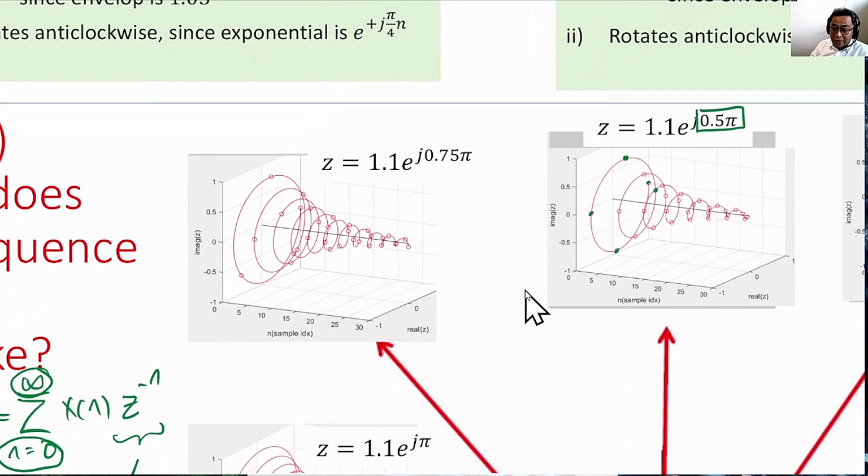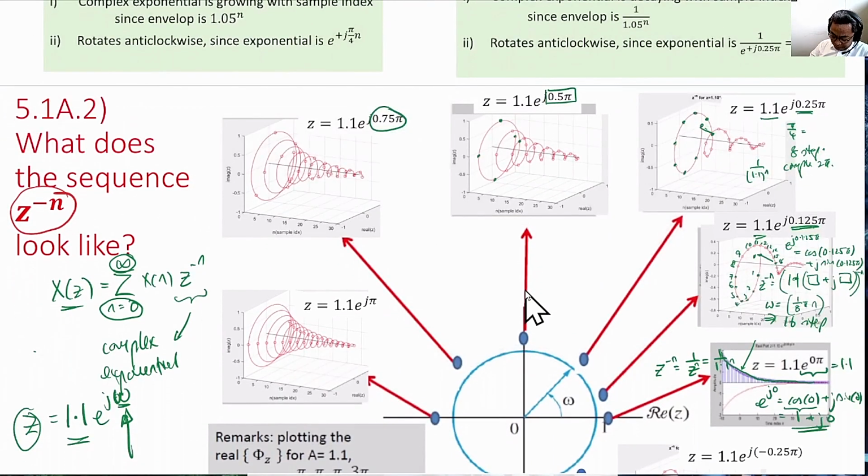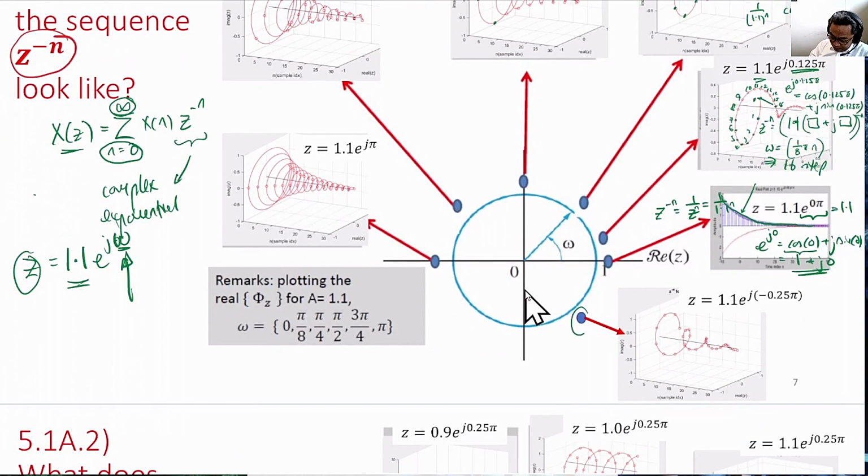The idea is that as you use larger and larger omega, the complex exponential is rotating faster and faster. The interesting thing comes here when we are using omega equals 1.75 pi or minus 0.25 pi.